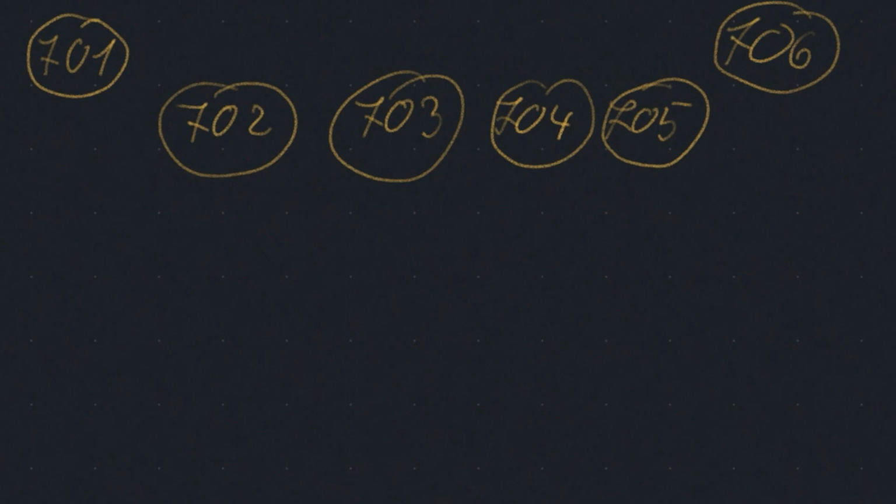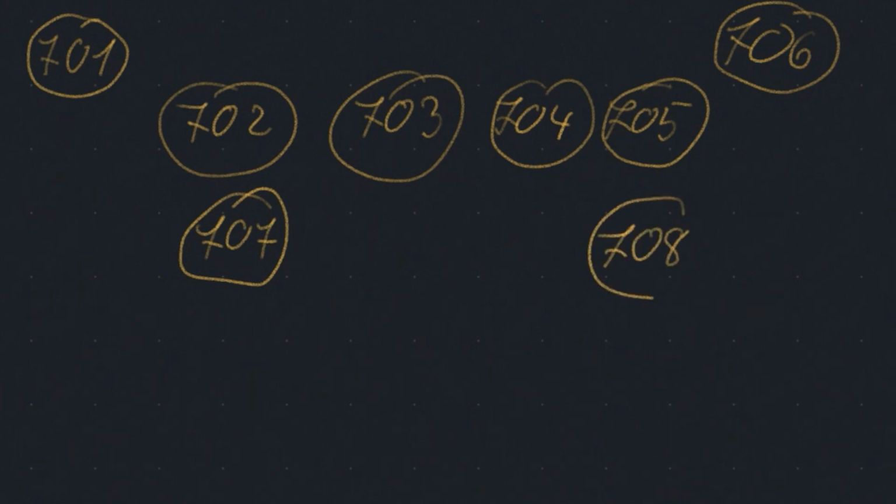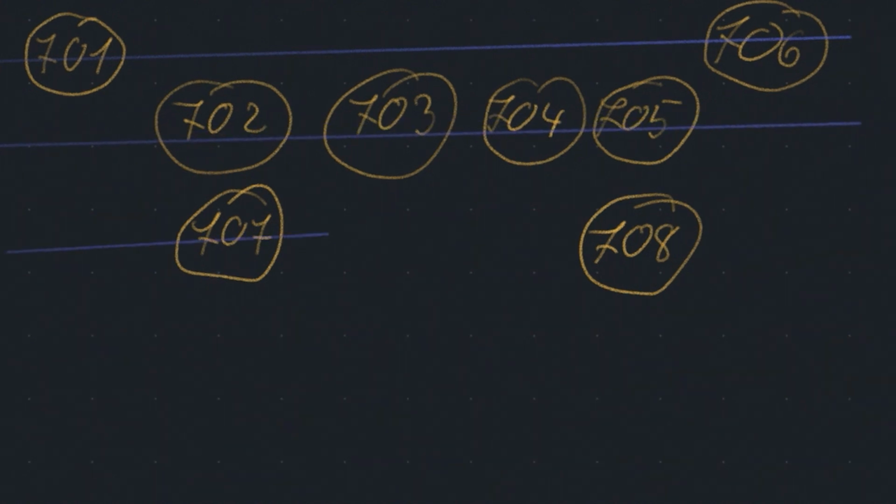And now fixture, let's say 707 on this position on the third truss, and fixture 708 on the third truss as well. So I basically have one truss, another truss, and another truss. And now I can set up this on my grid position.